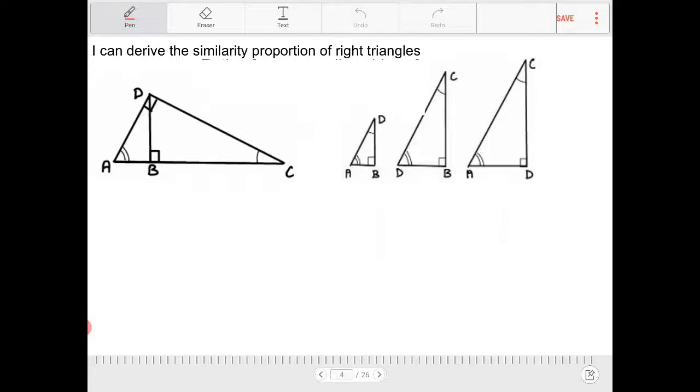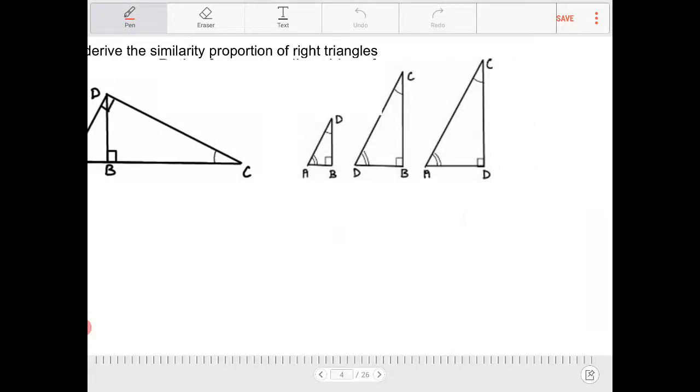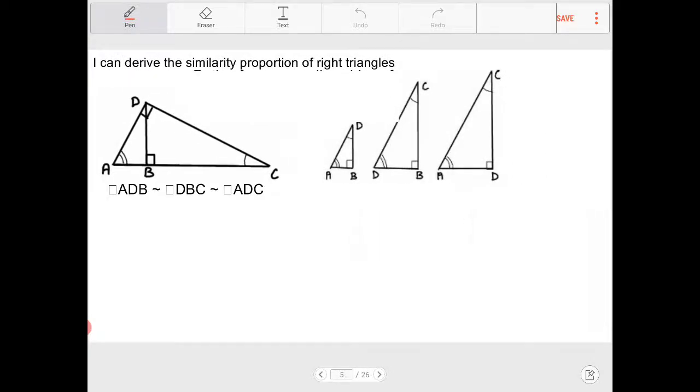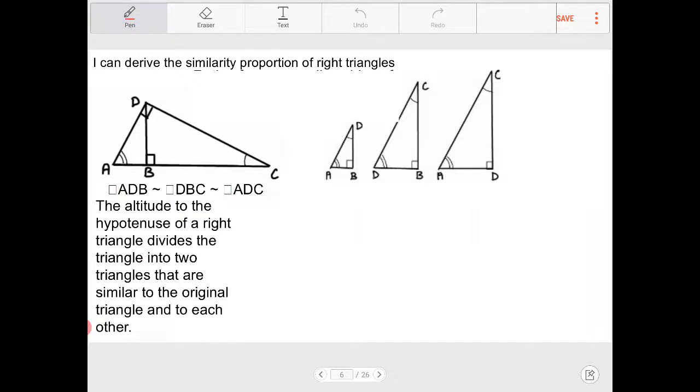According to the angle-angle theorem, because all three triangles are similar, we can then set up proportions based on the sides. So all three triangles, ADB, DBC, and ADC, are going to be similar. For some reason, the triangle symbol is not coming out there, but that's what it was supposed to be.